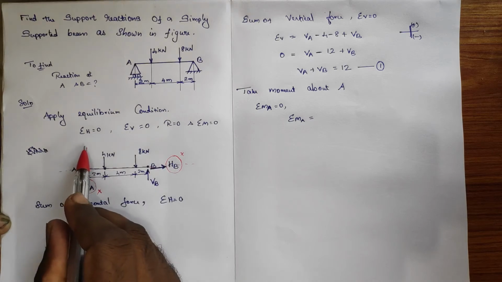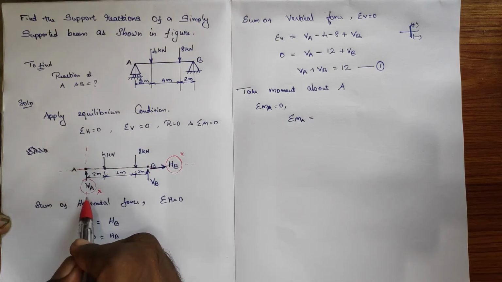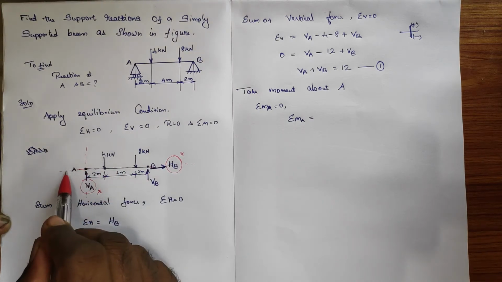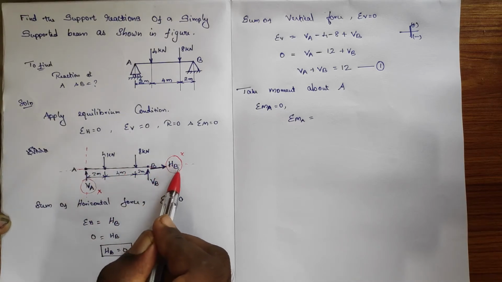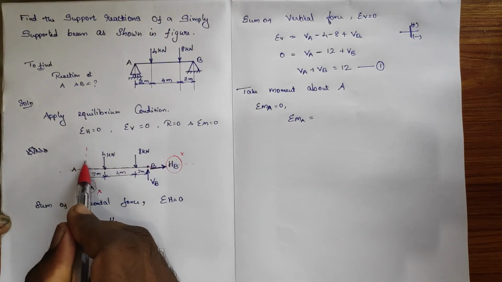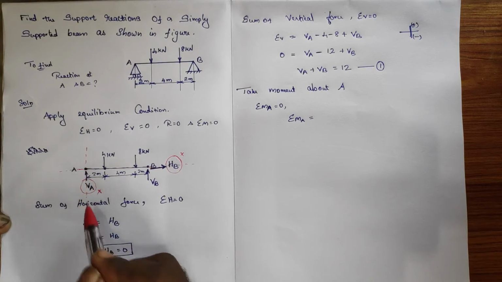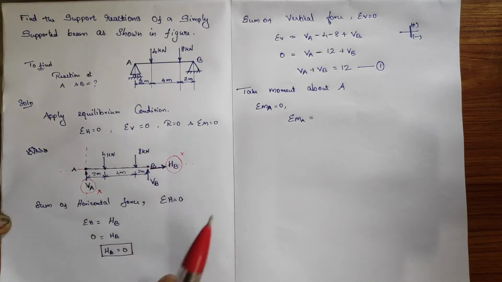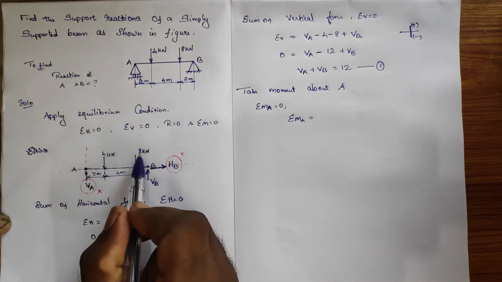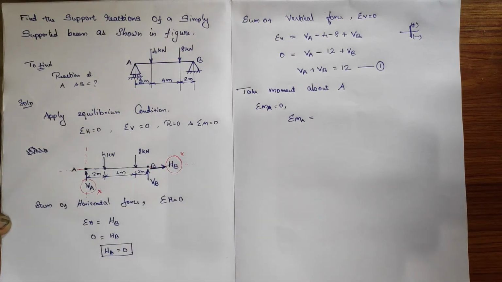It's a shortcut. Just draw a cross line like this, so the horizontal force is coming along the line, and on the vertical line, VA is coming into it. So both will not have a perpendicular distance. Okay, fine. And all the others, 4 kilonewton, 8 kilonewton and VB, will have a moment.